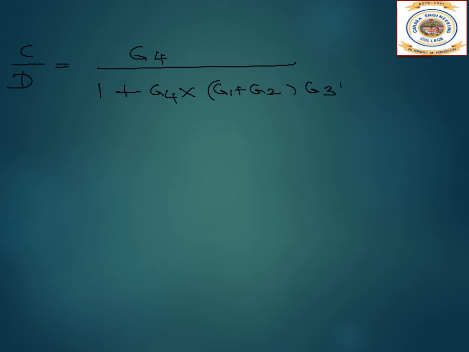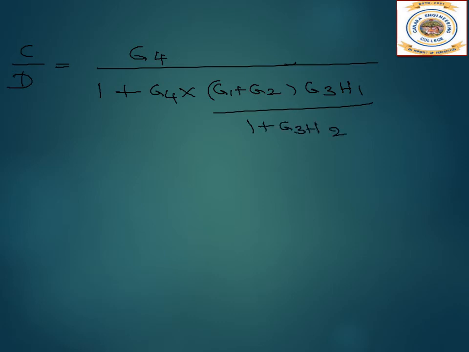So we have C by D is equal to G of S, which is only G4, divided by 1 plus G of S into H of S, that is G1 plus G2 into G3 H1, whole divided by 1 plus G3 H2.